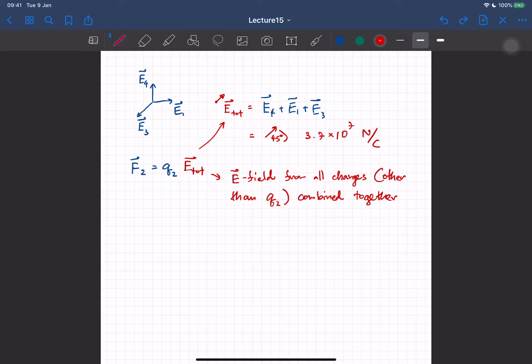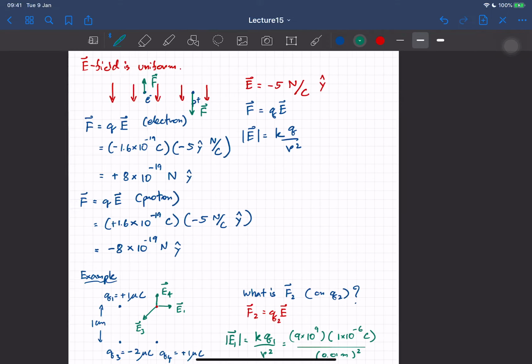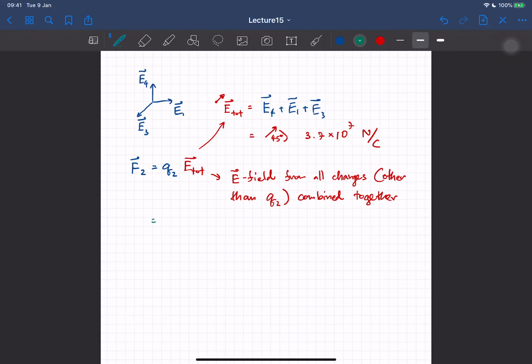That's E total. So what is Q2? Well, I kind of erased that already, but it's minus 1 microcoulomb, so it's minus 10 to the minus 6 coulomb, times E, which is 3.7 times 10 to the 7 Newton per Coulomb, in the 45 degrees northeast direction.